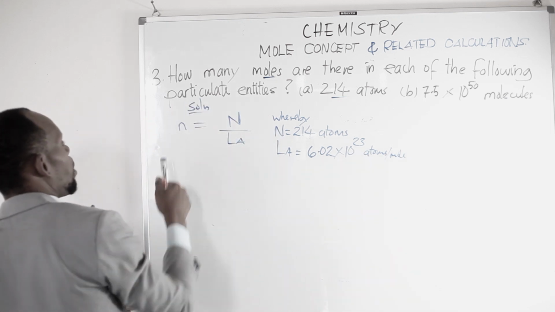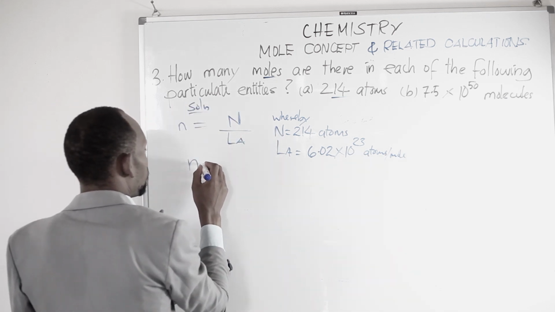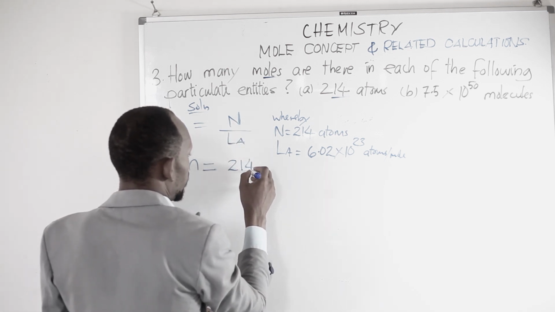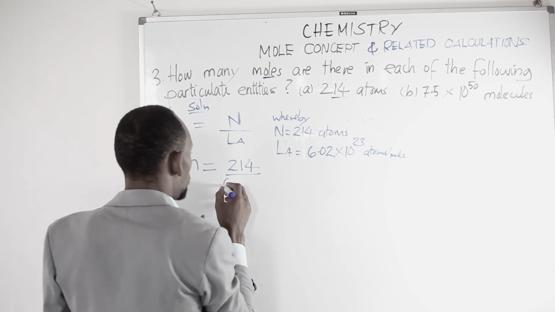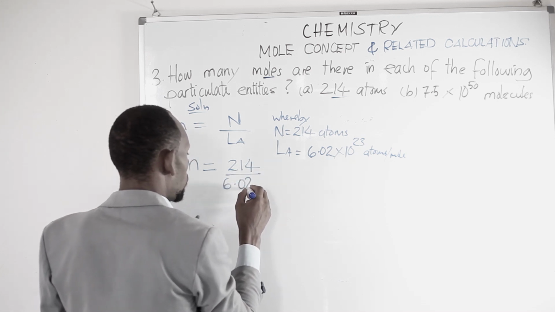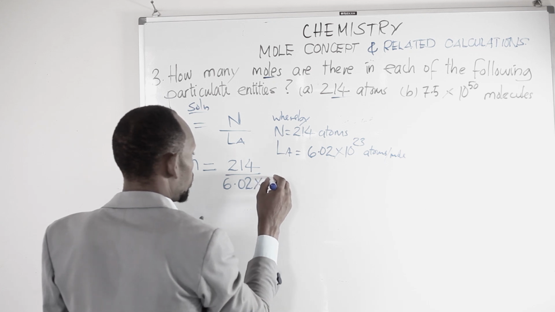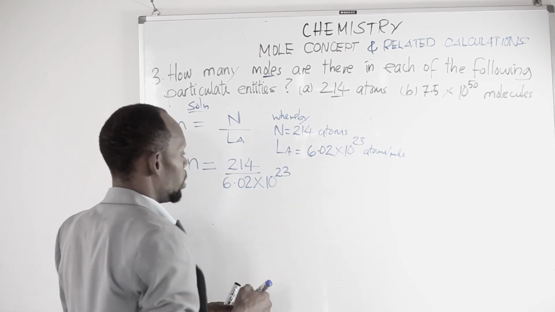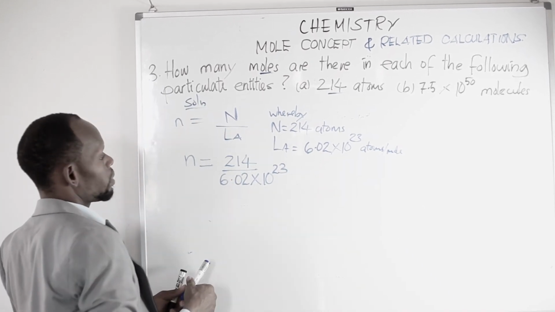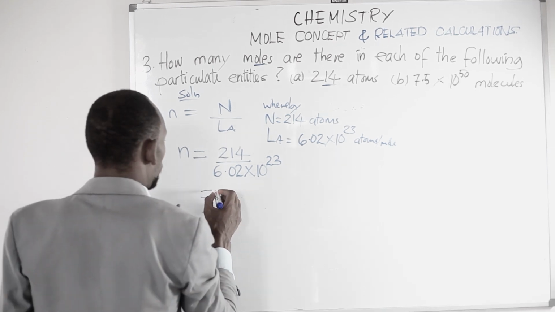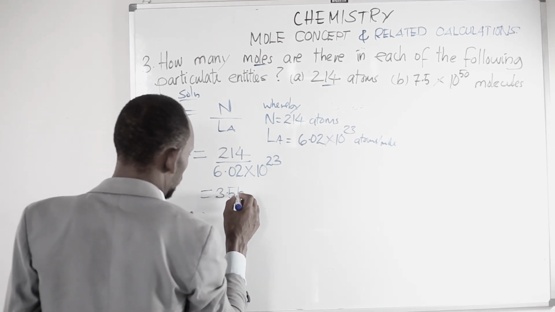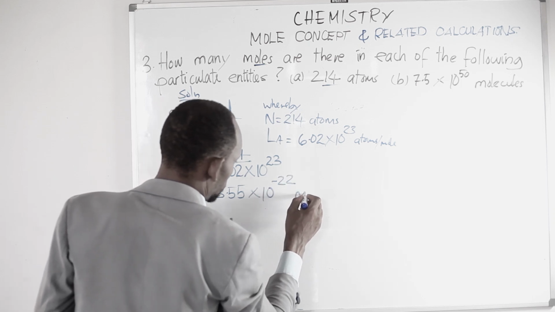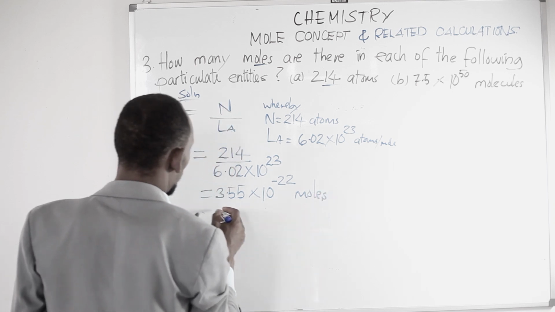And I am required to find the number of moles. So the number of moles will be 214 atoms divided by 6.02 times 10 exponent 23 atoms per mole. Taking this, you will find that the number of moles is equal to 3.55 times 10 exponent negative 22 moles. So that is the answer.